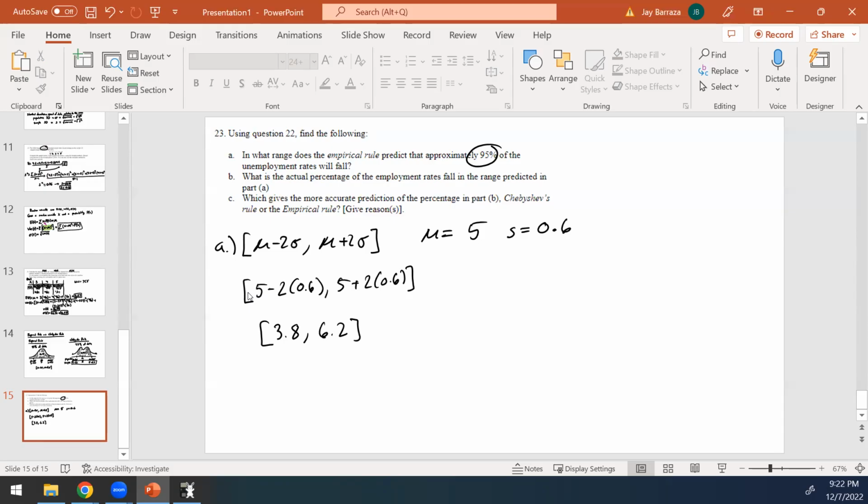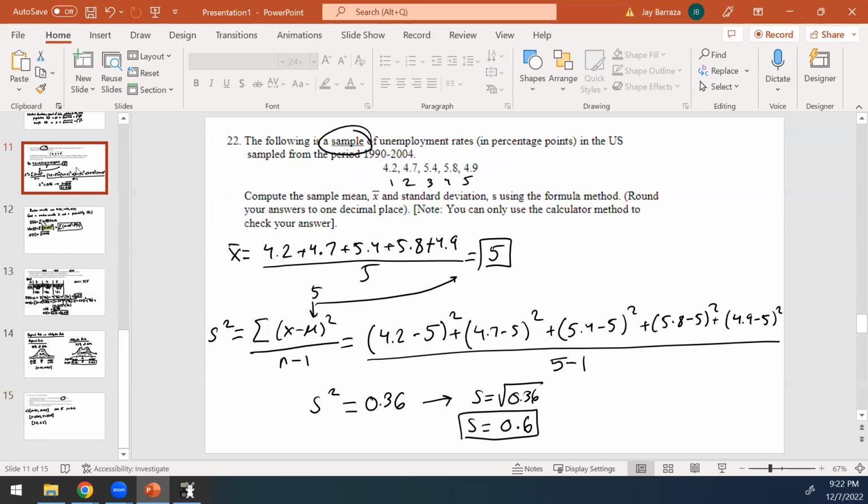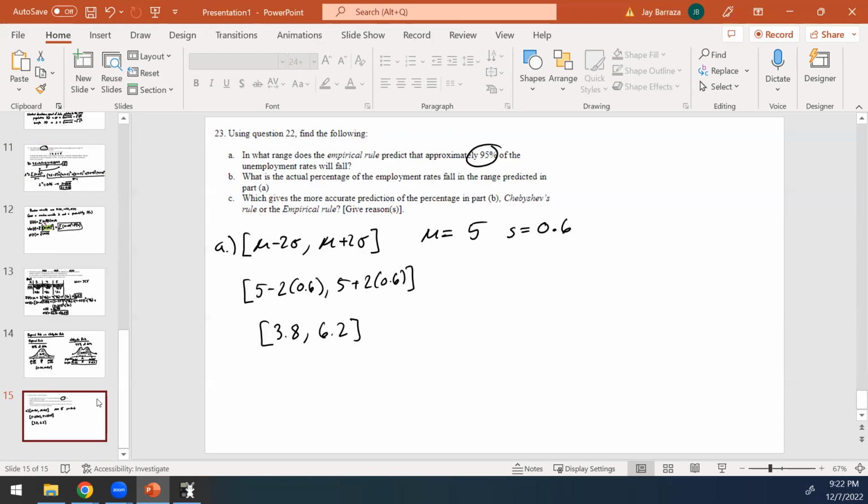Now B says, what is the actual percentage of unemployment rates that fall in the predicted range? So how many of them actually fall in the range 3.8 to 6.2? If I look at my data, all of them do. So B is 100%. Which one is better, Chebyshev or empirical?